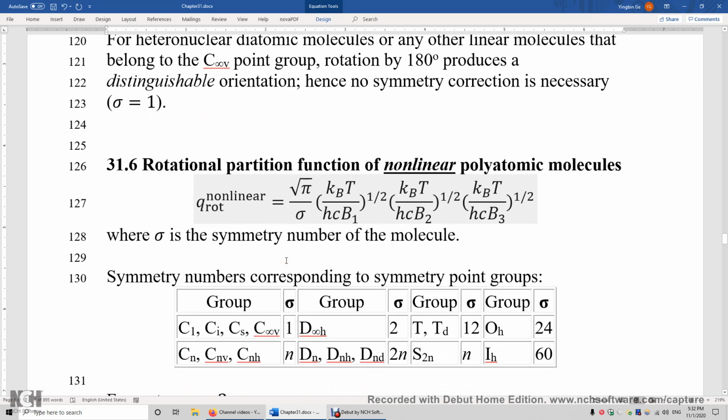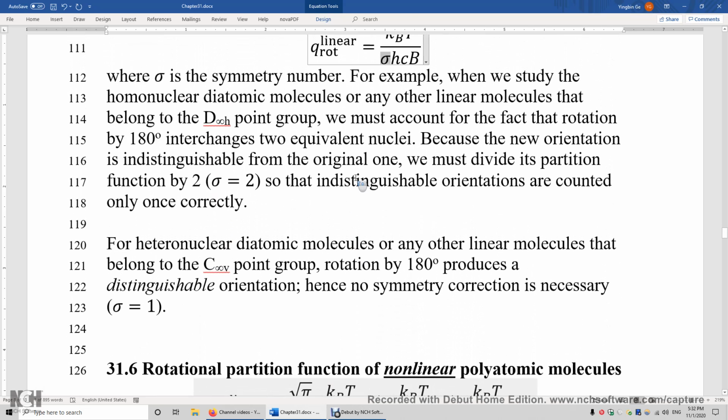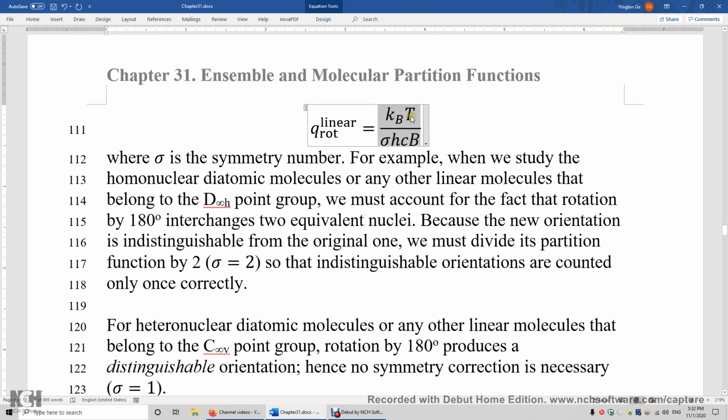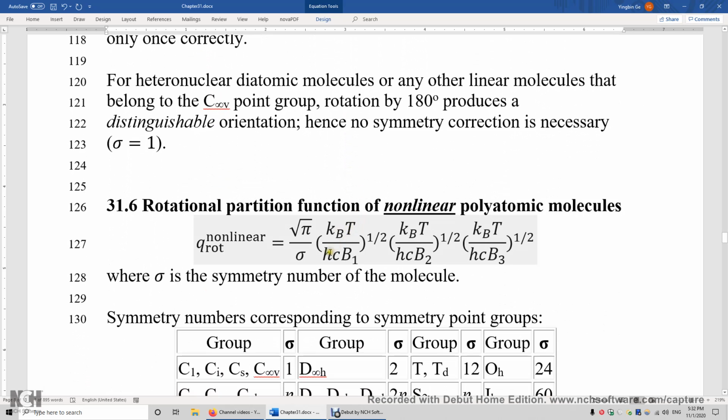Section 31.6, Rotational partition function of nonlinear polyatomic molecules. So first, let's review the rotational partition function of a linear molecule. It's kBT over sigma hcB. So the more important part is kBT over hcB. You see this kBT over hcB1, kBT over hcB2, and kBT over hcB3 here.